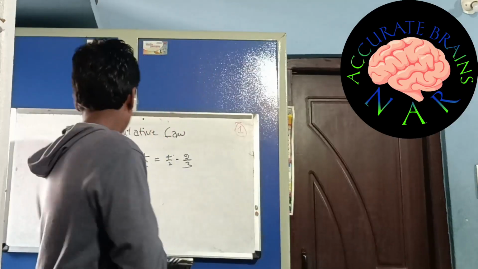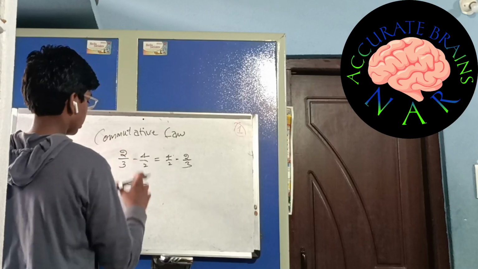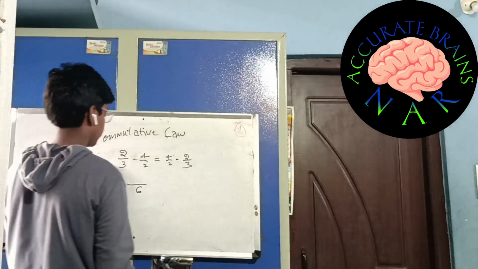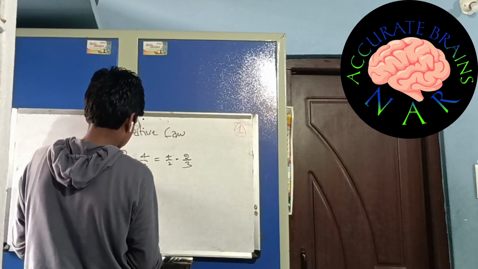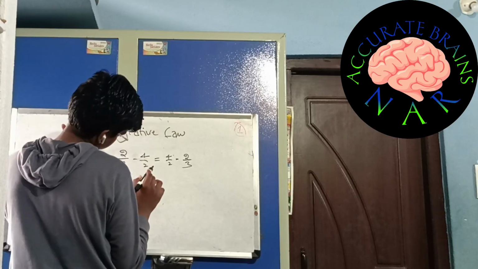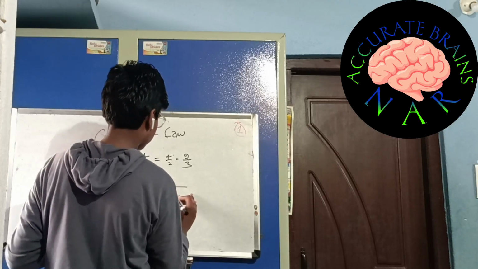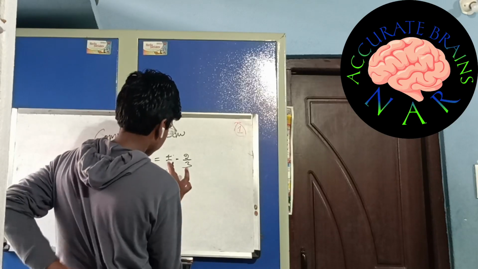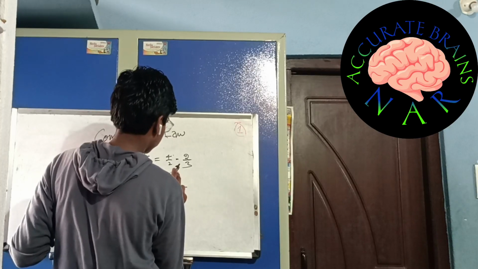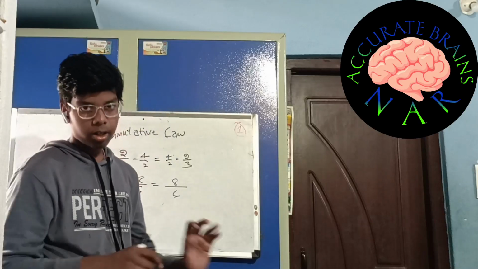So the LCM will be 6, and as I taught you subtraction of rational numbers, I am doing the subtraction directly.